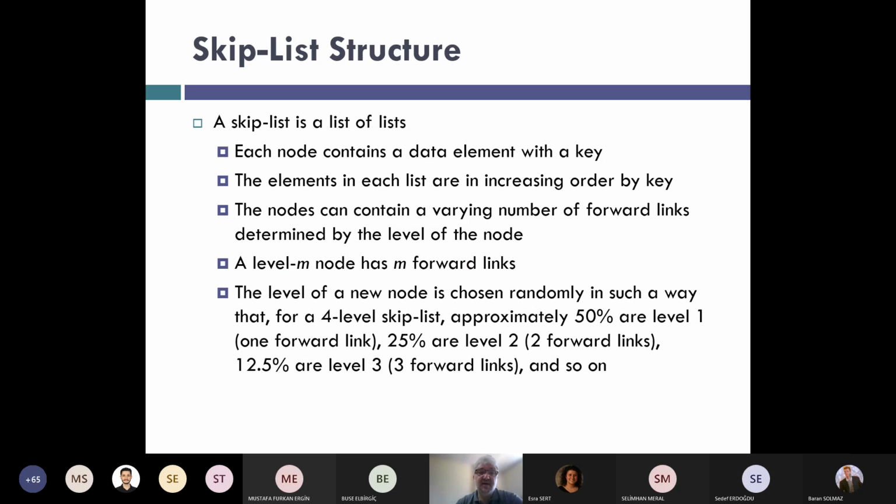So in a skip list, we have several linked lists. We can consider it a list of linked lists. Each element in the data structure is a part of several linked lists, not only one.